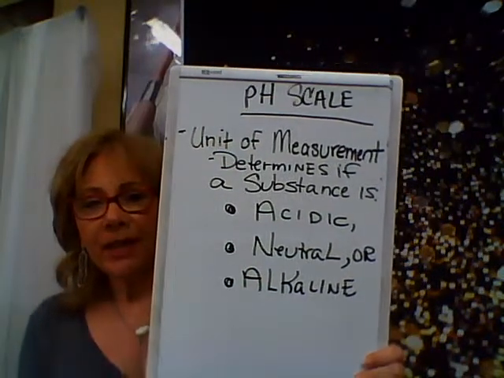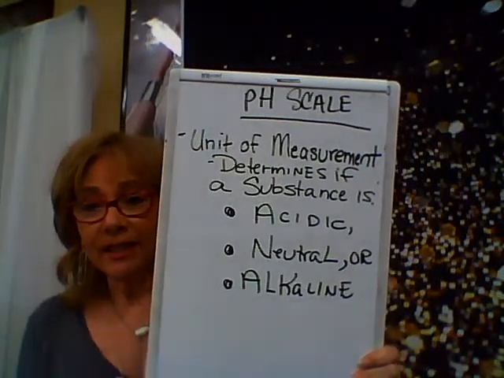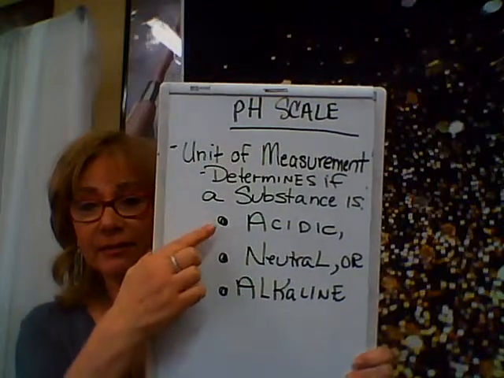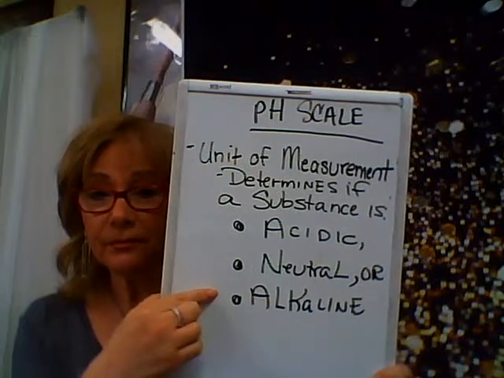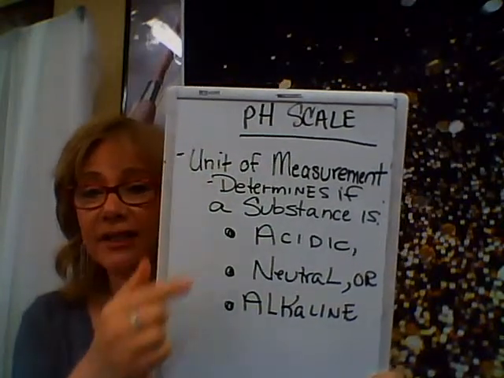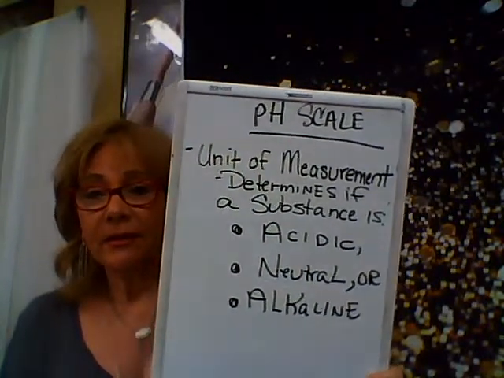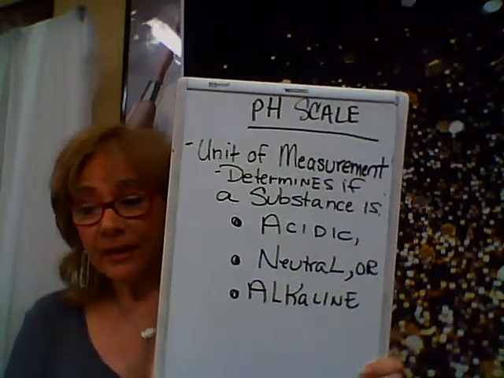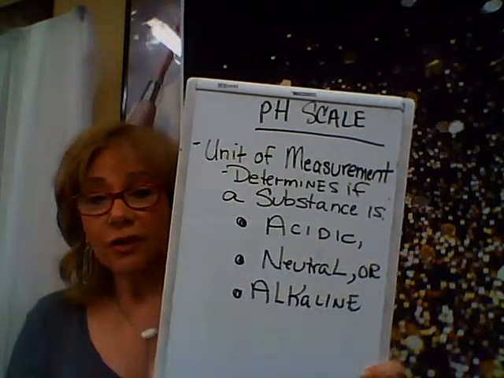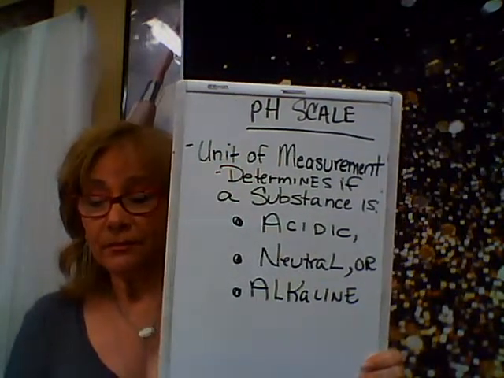Determines if a substance is acidic, neutral, or alkaline in nature. So the pH scale is a unit of measurement that determines if a substance is acidic, neutral, or alkaline.